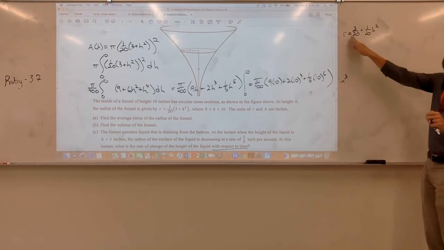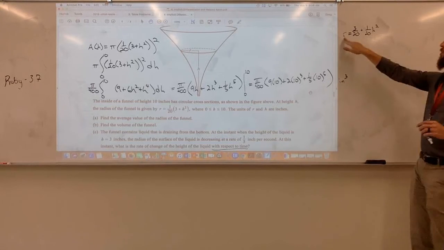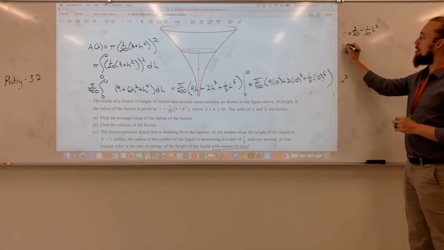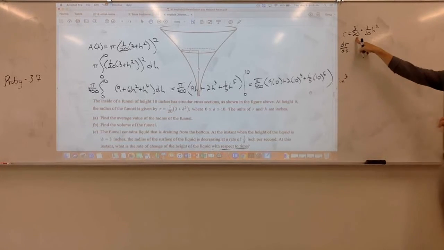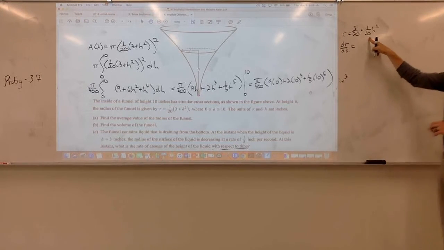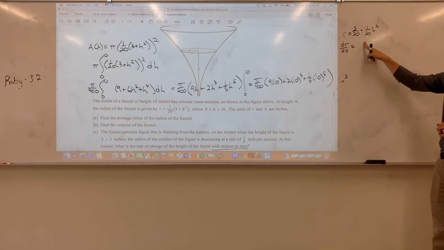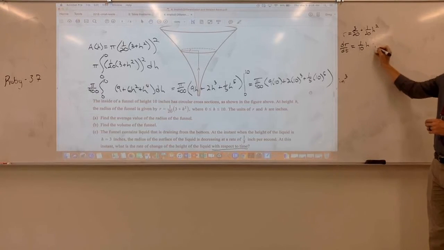Whenever I take the derivative of any variable, I have to tack on a d whatever dt. So when I take the derivative of r, that will be dr dt. Well, the derivative of 3/20, that's just a number, would be 0. Then here, derivative of 1/20th h squared, bring the 2 out front, so 2/20 would just be 1/10 h dh dt.